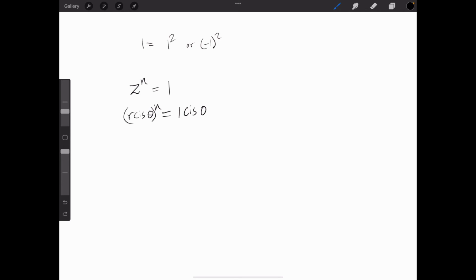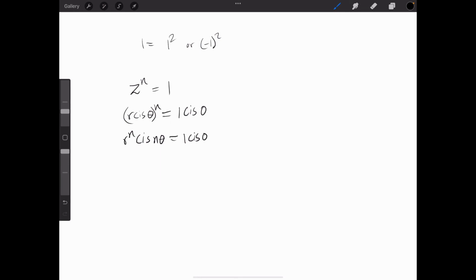If we raise r cis theta to the power of n, because we looked at De Moivre's theorem, the way we write that is r to the n times cis of n theta, is equal to 1 cis 0. Since both sides are in the same form, we can do something really neat.